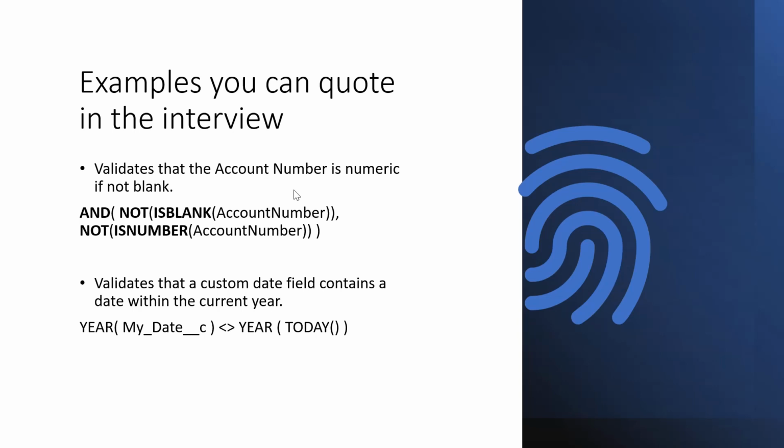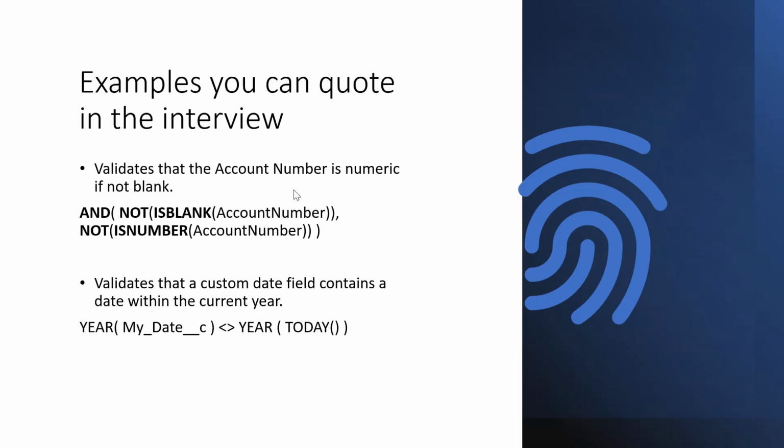The second validates that a custom date field contains a date within the current year. There might be some custom date field on the page layout, where you want to validate whether the user is entering the current year or not. In order to avoid putting back dates, you can put this validation rule on year of my date.